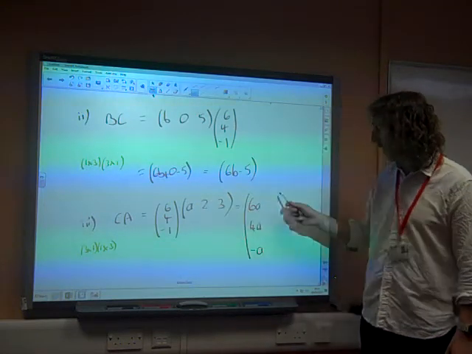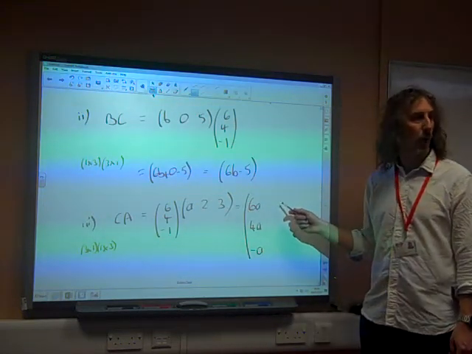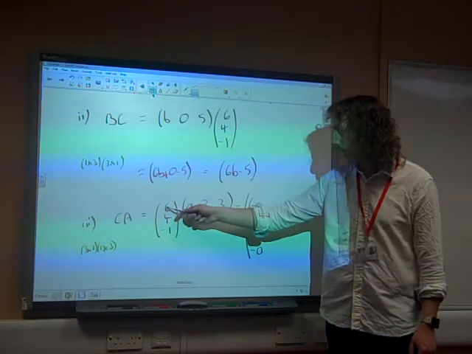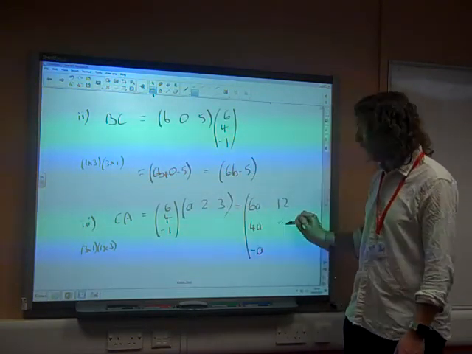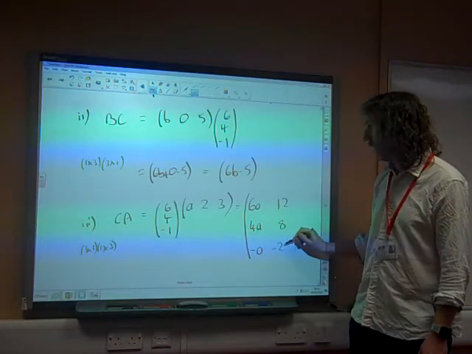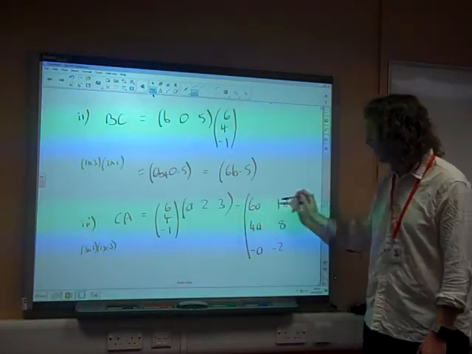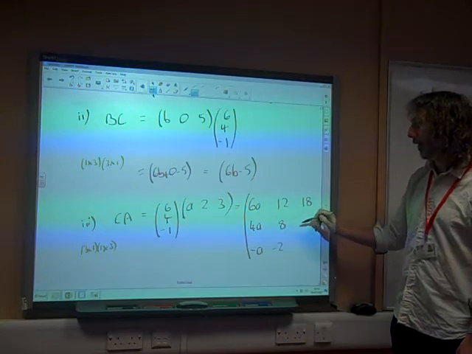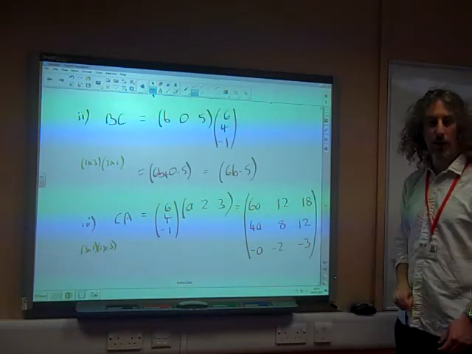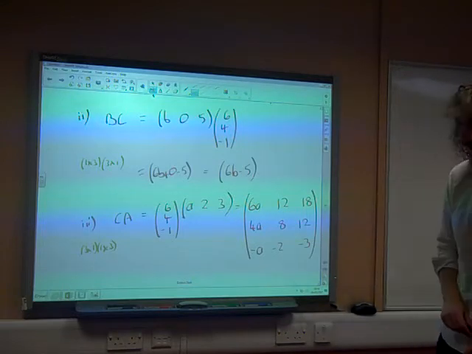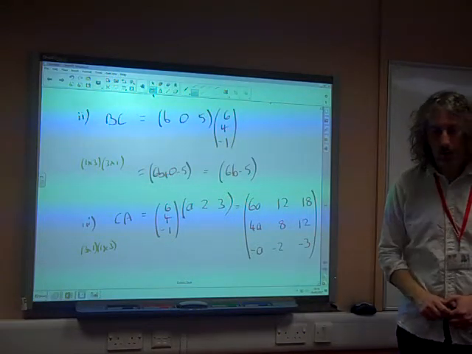And then this number here is row 1, column 2. So it's row 1 times column 2. And then 4 times 2, and minus 1 times 2. And then finally, we've got 6 times 3, 4 times 3, and minus 1 times 3. And that's right, isn't it, is our matrix.